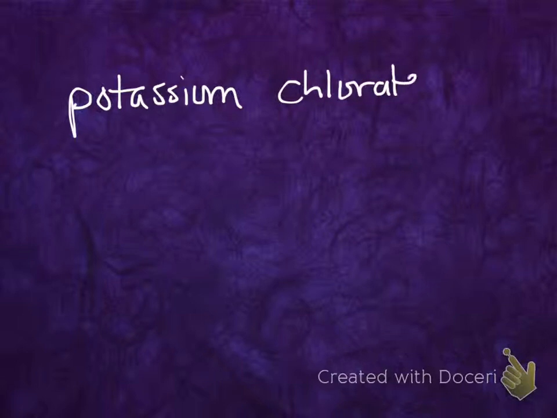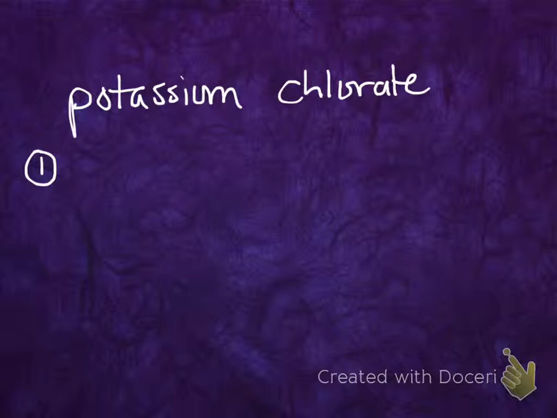Okay, you got your polyatomic ion charts ready? So if I tell you that I have potassium chlorate, just like with writing binary ionic compounds, my very first step is to write the ions that I'm dealing with.